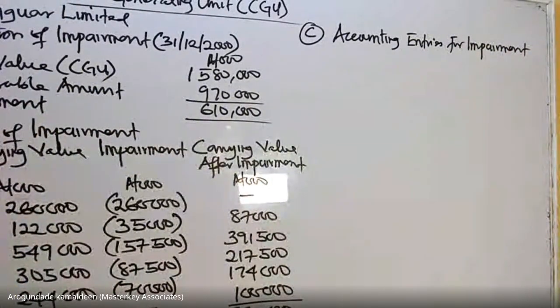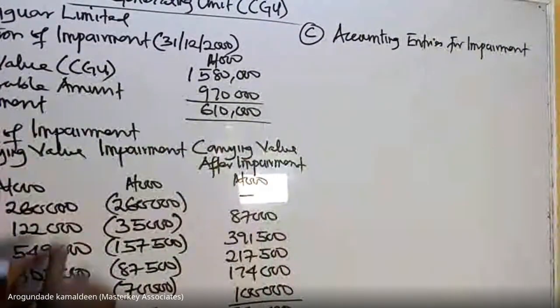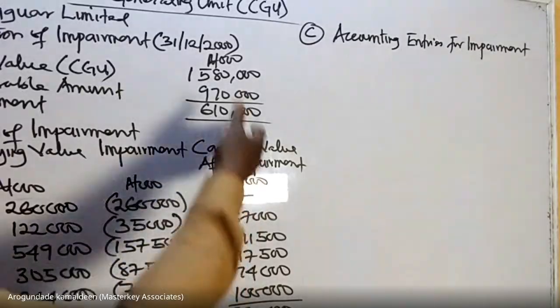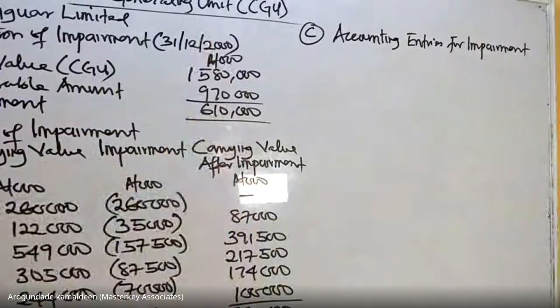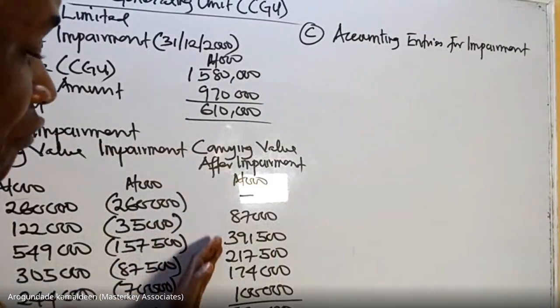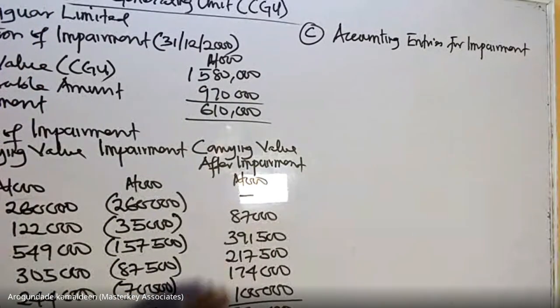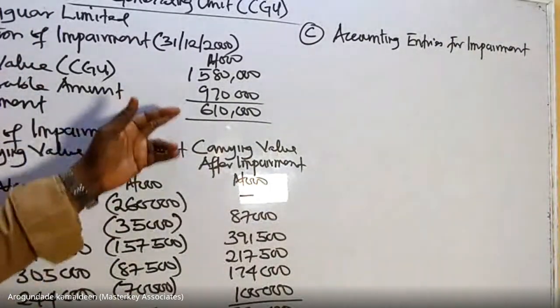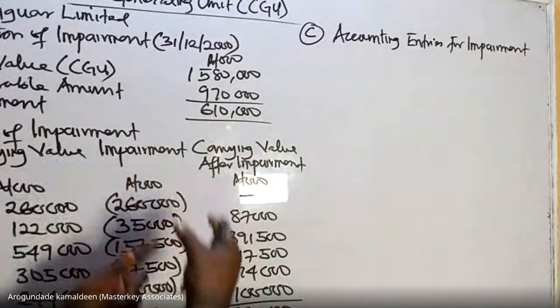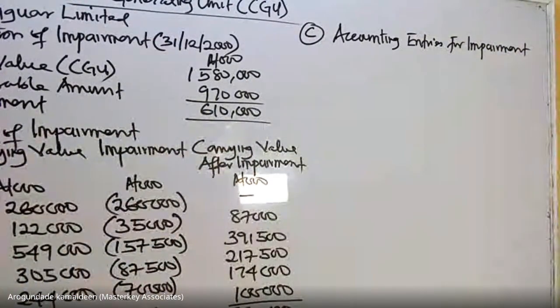Since the value of the goodwill is 260, to write it off you will reduce the value by 260. Here you have nil. So after the end of this year, we don't have goodwill anymore. These are the carrying values of the assets. Had the impairment not been up to the goodwill, you would just write it off to the tune of the impairment. Is that clear?